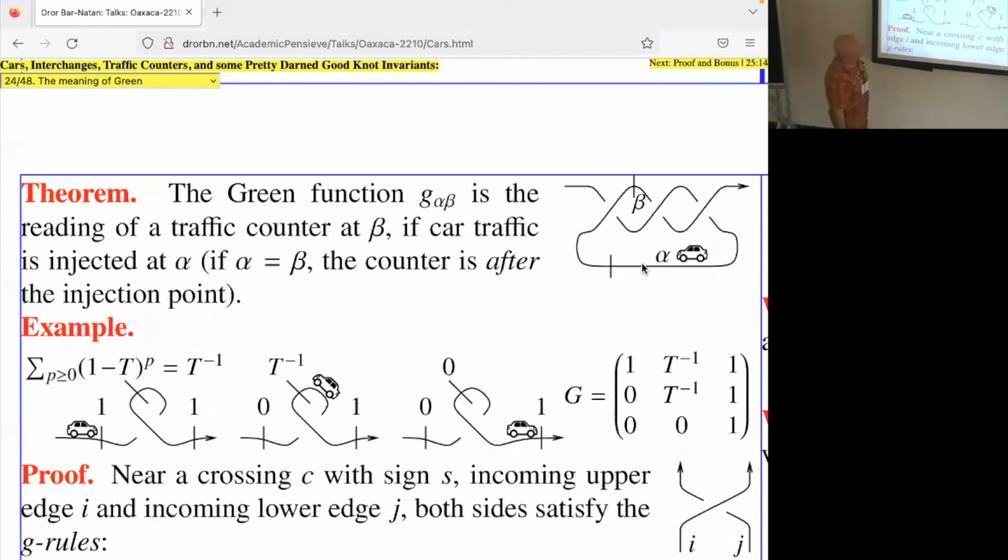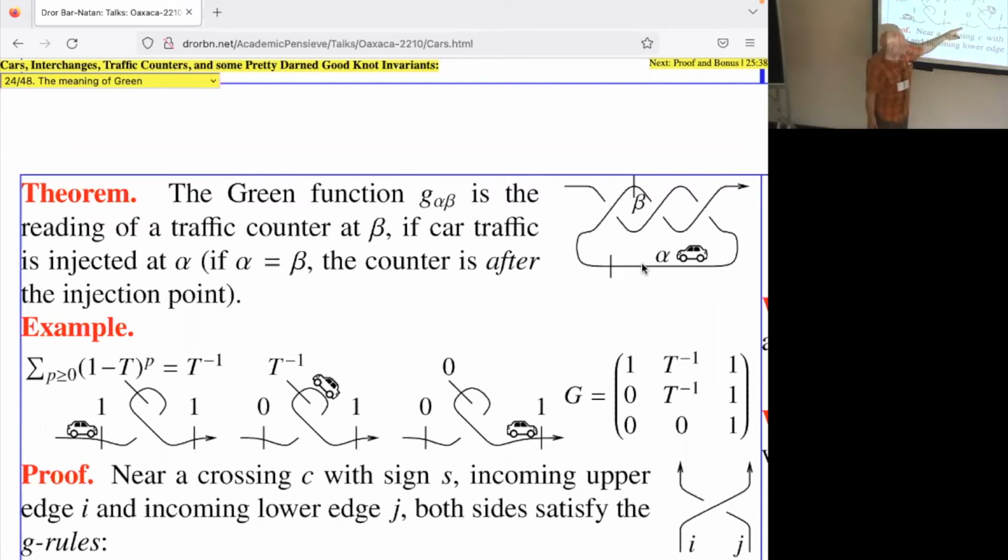So here is an example. Let's compute the Green function of a kink. If I inject the cars here, a traffic counter placed here will measure 1.